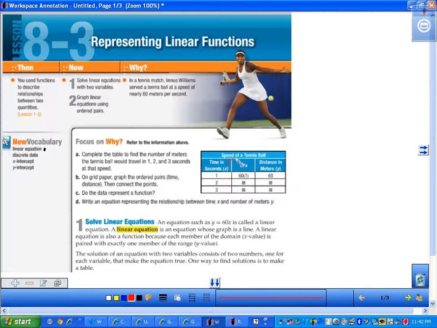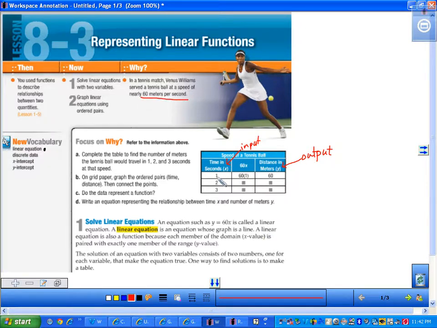So this is my input, and Y is the output of my function. So if I put in X, I get out Y. Okay? So my equation, 60X, because it goes 60 meters per second.